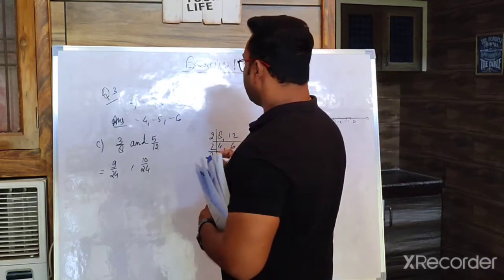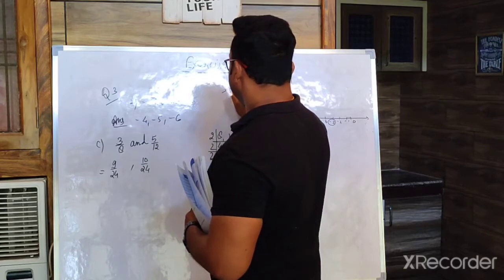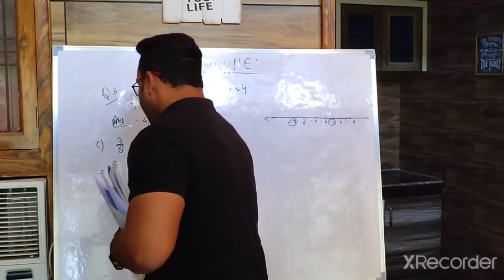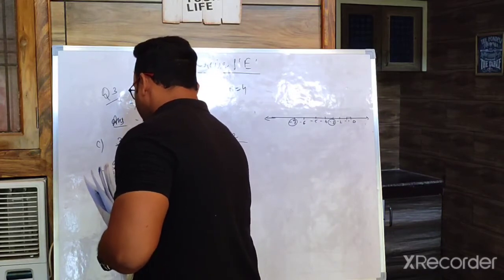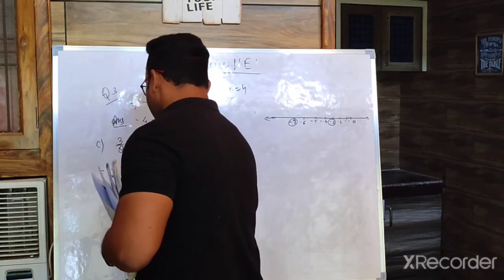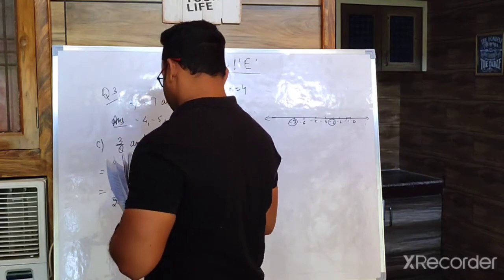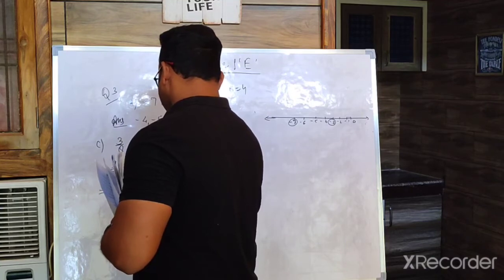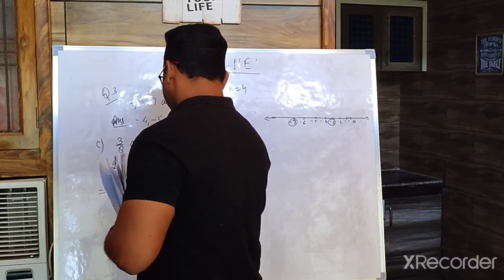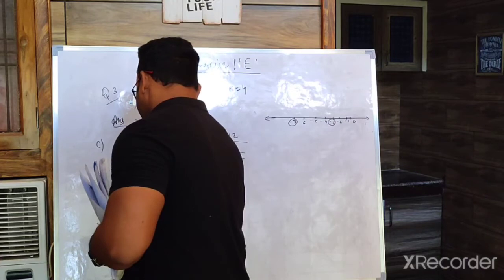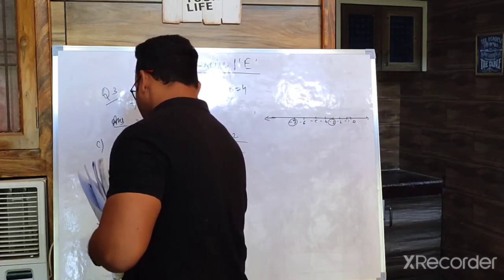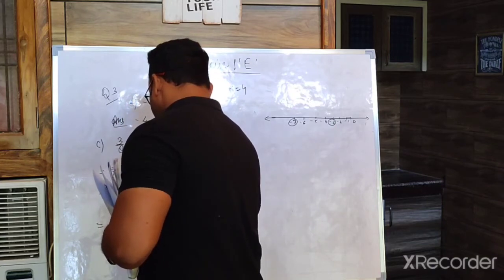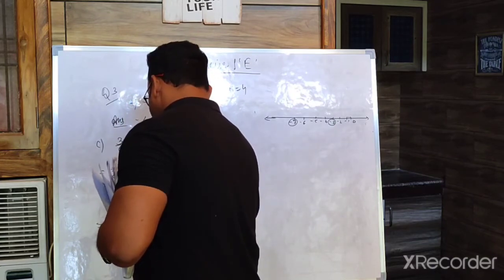So you have to get 3 rational numbers. So divide by 3 plus 1, that is 4. So 9 into 4 upon 24 into 4, 10 into 4 upon 24 into 4. 36 upon 96 and 40 upon 96.